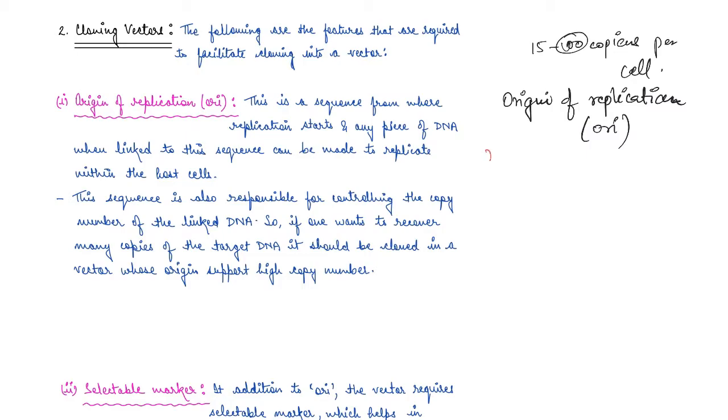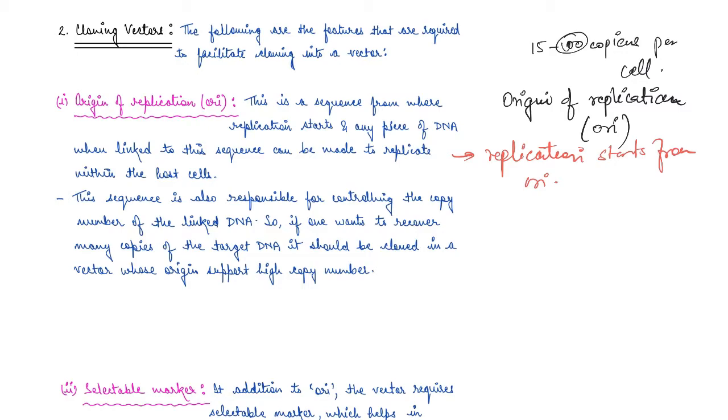Any piece of DNA, when linked to this sequence, can be made to replicate within the host cell. So if you want to insert a particular DNA sequence into a vector, you have to have the sequence from where the replication starts, which is the origin of replication.